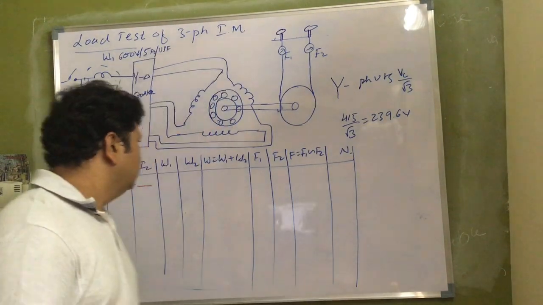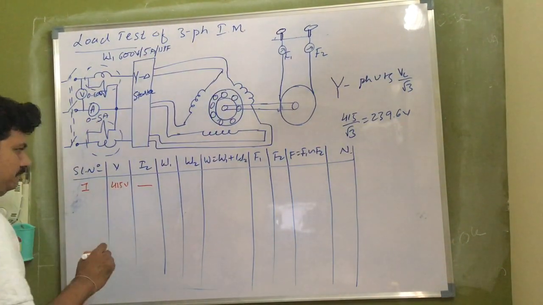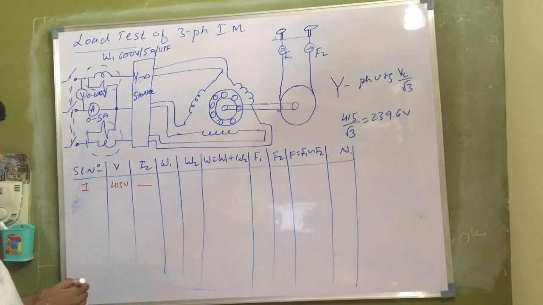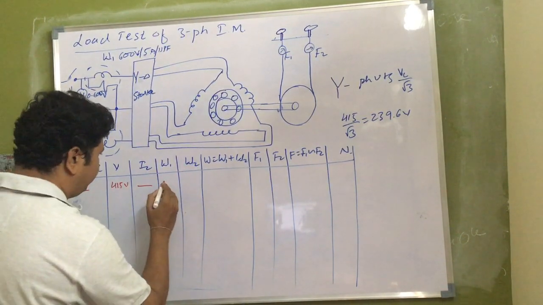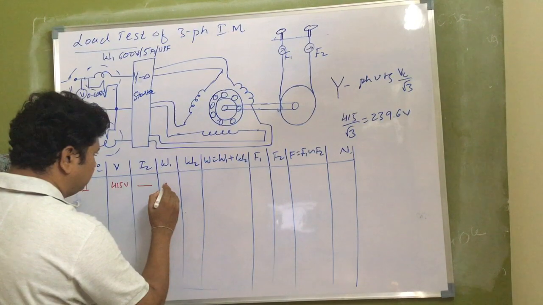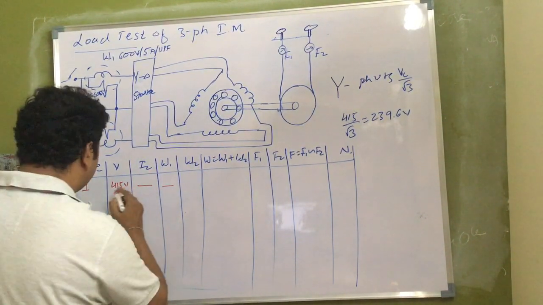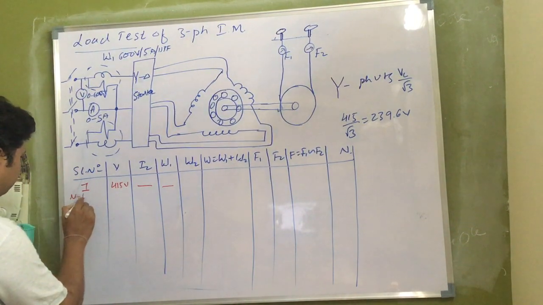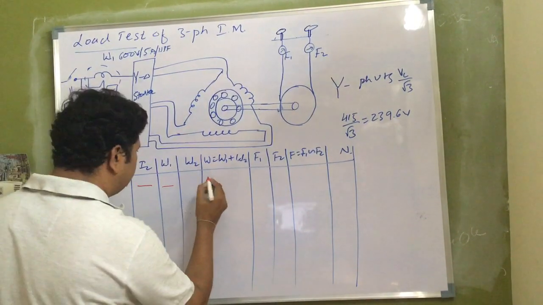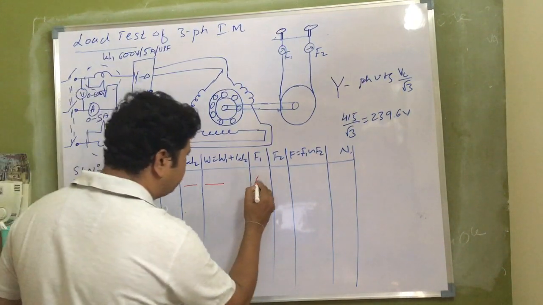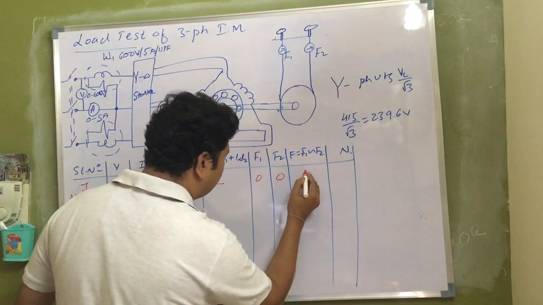Okay, so IL, I will keep it blank as of now. W1, I will keep it blank. Okay, this is at no load. This I will keep blank, this I will keep blank. 0, 0.